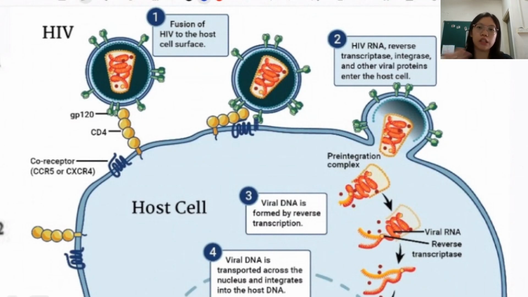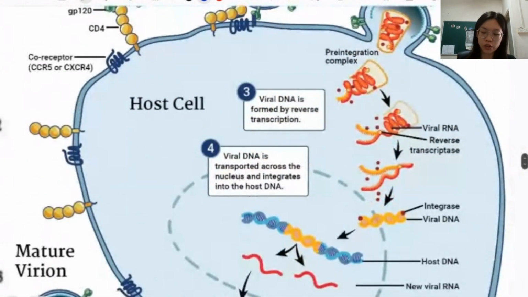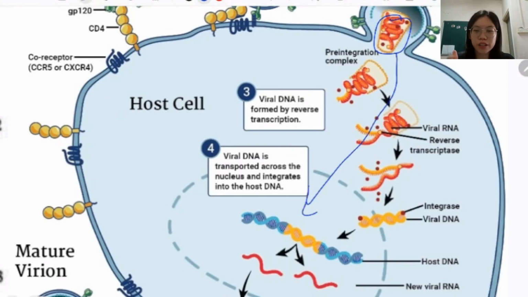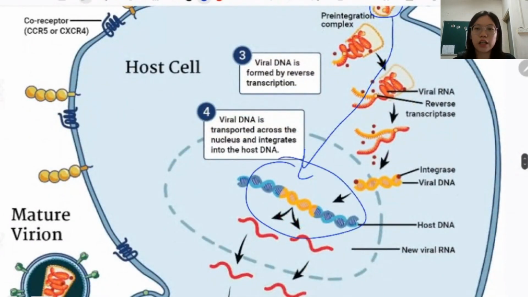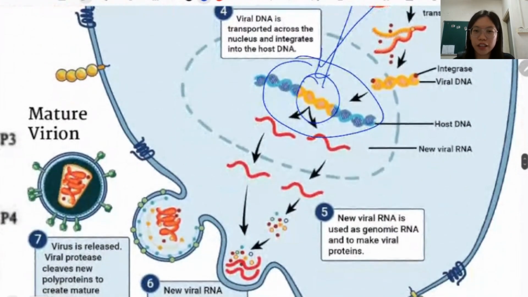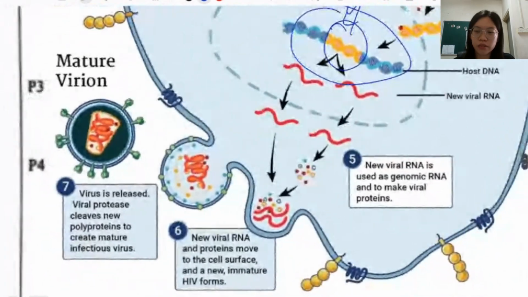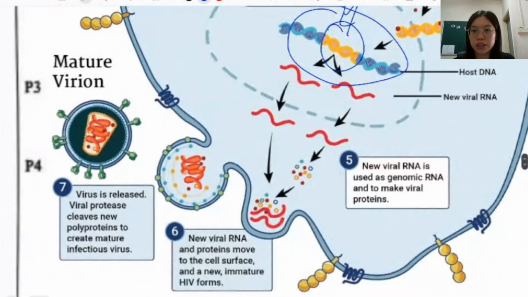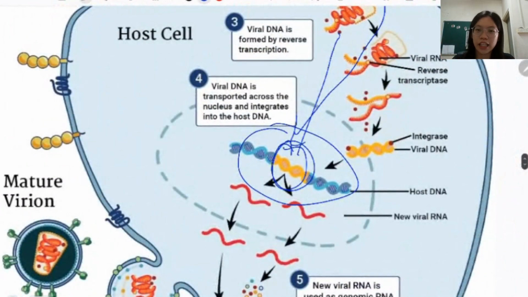So the virus uses its genetic material to combine with and manipulate the genetic material of our normal host cell. Since the genetic material has been modified, eventually our own cell will produce the HIV virus. So more HIV virus will be produced from our own cell, because its DNA is being hijacked.